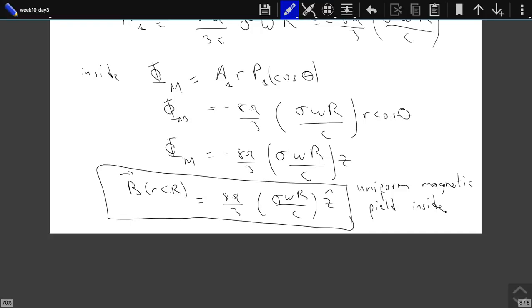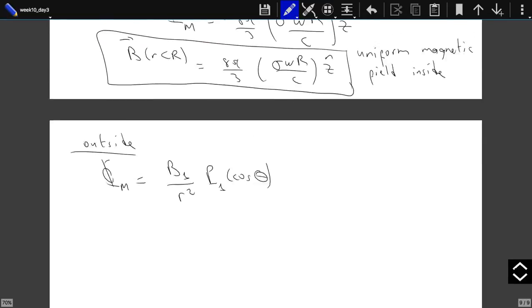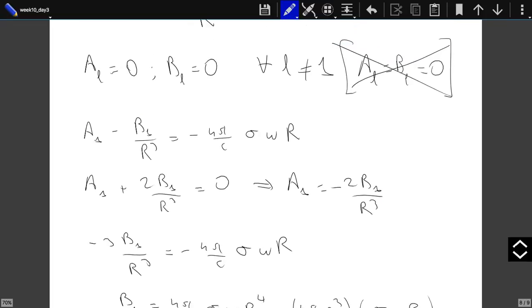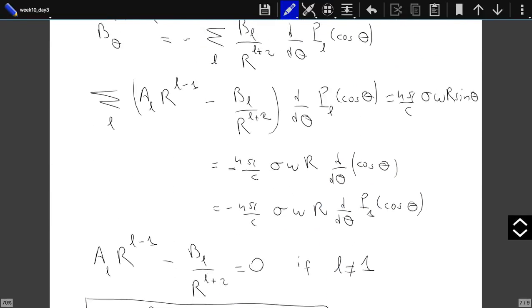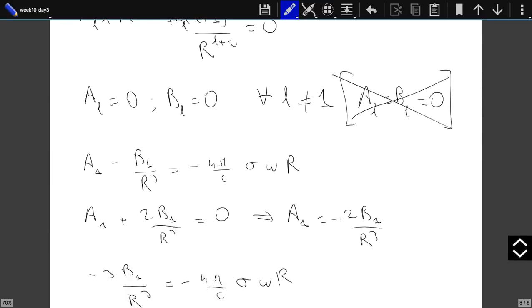Now we can calculate the magnetic field outside. Phi m is equal to B1 divided by r squared times P1 of cosine theta. Now we already obtained B1. Where's B1?